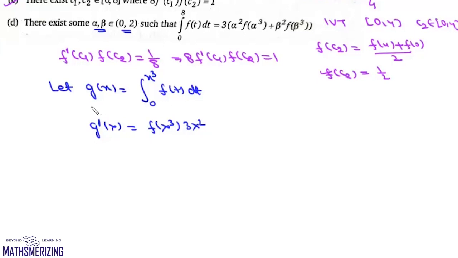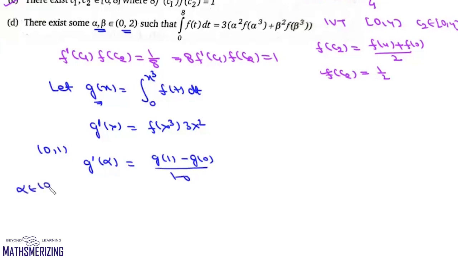Now what we'll do is we'll use Lagrange's mean value theorem on this function g(x). First in the interval 0 to 1, we can write there exists a point alpha such that g'(alpha) equals (g(1) minus g(0)) upon (1 minus 0), where alpha lies in the interval 0 comma 1.